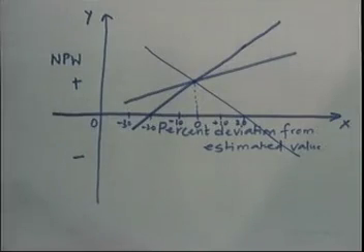Now, this spider web diagram itself will tell you which variable is sensitive and which variable is insensitive. If you find that the slope is very steep, that means even if there is a slight percentage deviation, the decision is going to change. So, the steeper the slope, the more sensitive the variable is.